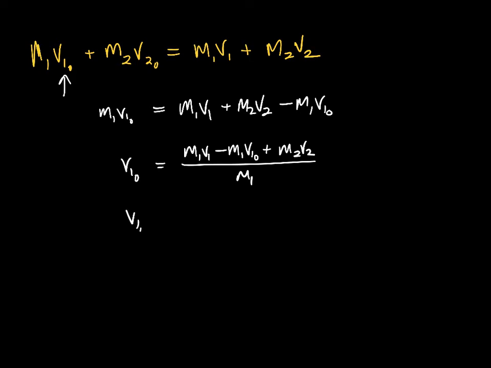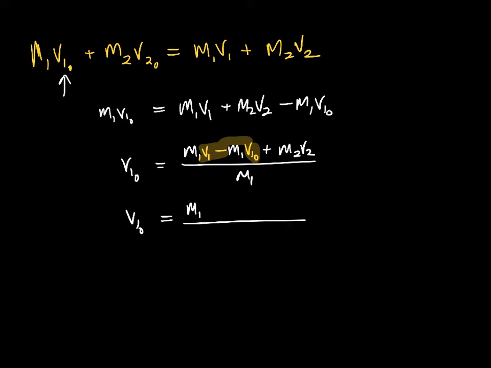Well, this works out kind of nice because what we need to see is that this right here is just a change in speed 1. The V1 and the V1 initial parts that have the common factor of mass 1 is just the change in speed.